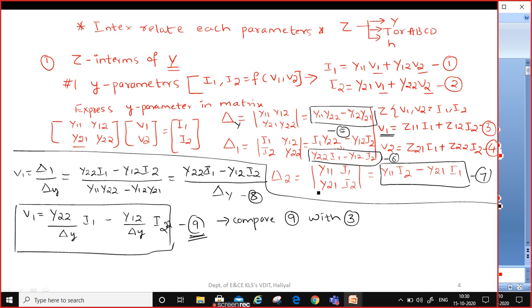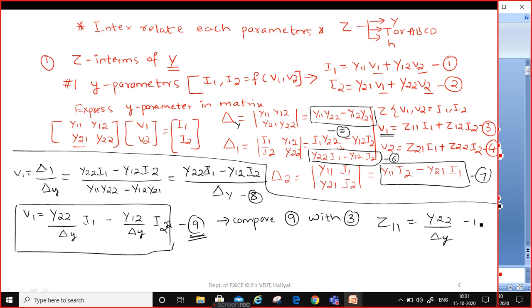Z11 I1 will be equal to Y22 divided by delta y times I1. I1 and I1 will get cancelled out. Now can I write it directly here? Z11 is nothing but Y22 divided by delta y.